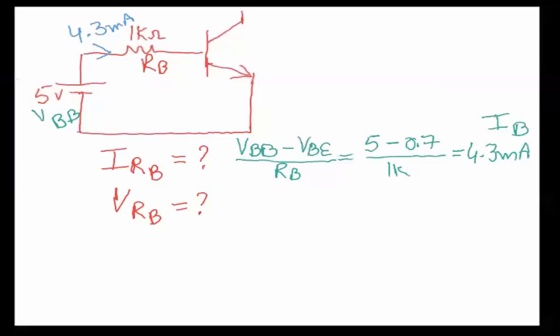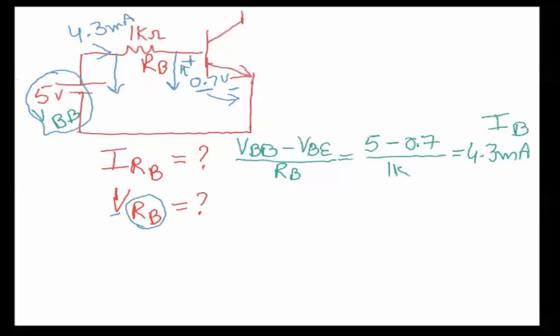Remember the VBE is also 0.7, between base and emitter. So what do you think the VRB is, which is the voltage on the base resistance? Meaning if you test the voltage right here, how much voltage should I read? 4.3, because the source is 5 volts and the VBE is 0.7.